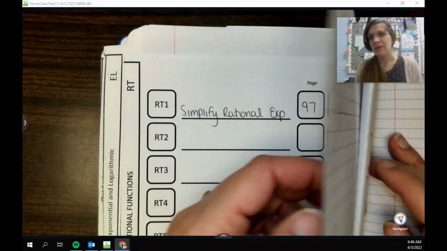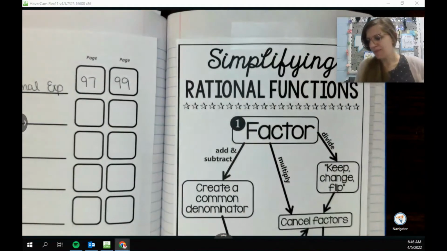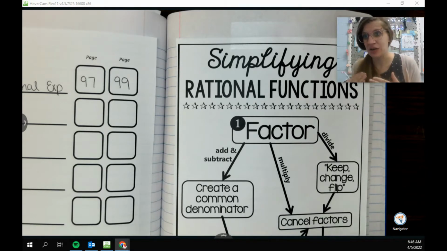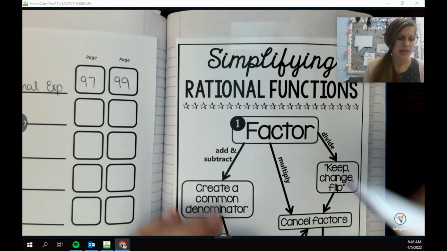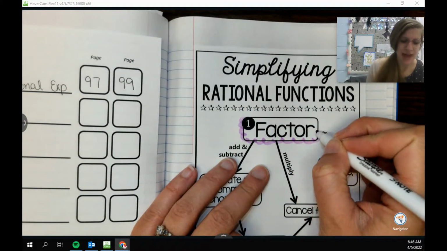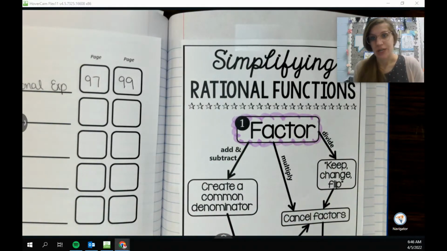So the way that we take something that is an addition or subtraction problem and change it into a multiplication problem so that I can divide stuff out is, number one, we are always going to have to factor our numerators and denominators.